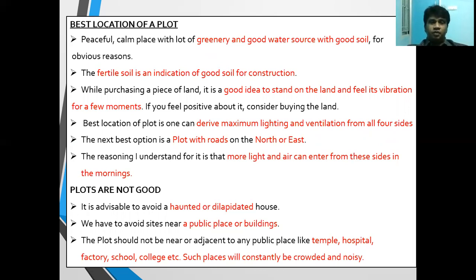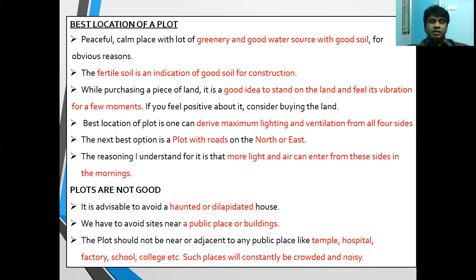That's why they prefer fertile soil. Fertile soil is red soil. Second one, when you are going to purchase a land, if you stand on the land and feel positive energy, then you can buy the land.